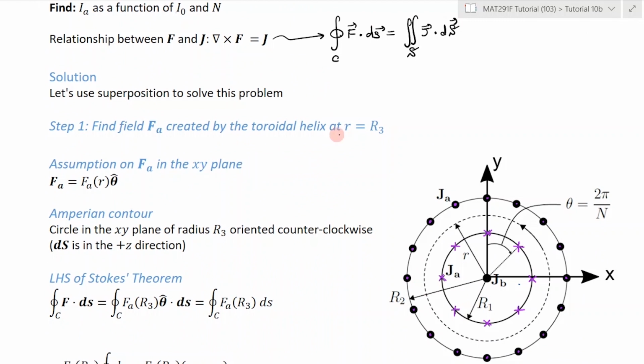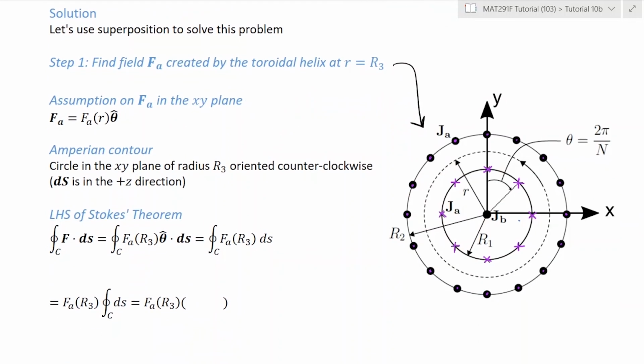I've highlighted here what I'm talking about. Let me switch to purple. So everything that's purple is now the only thing that exists in the universe because we're using superposition and we're forgetting about the filament. We only remember about the helix now.